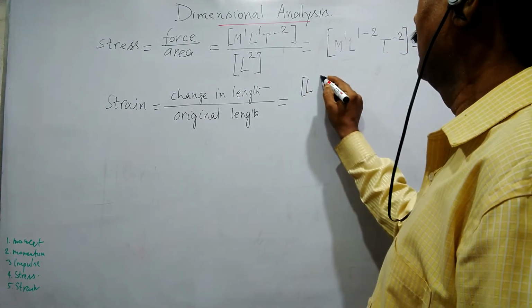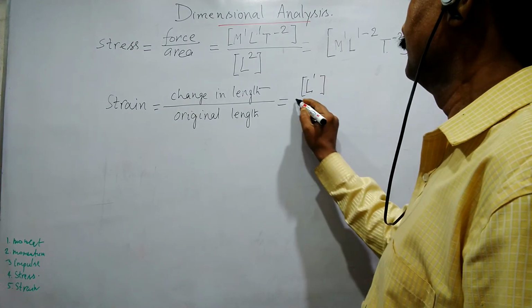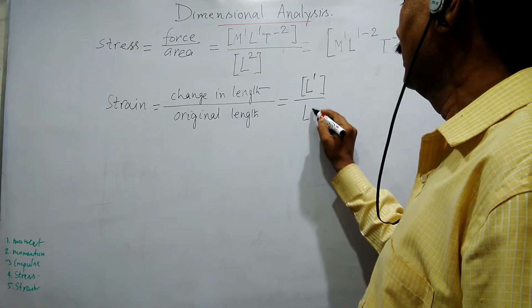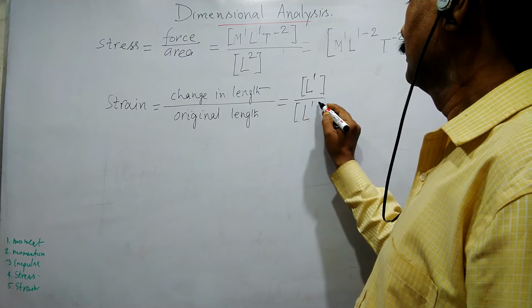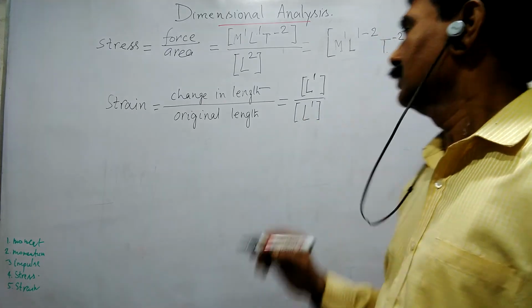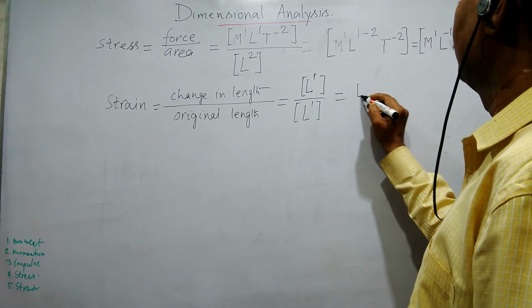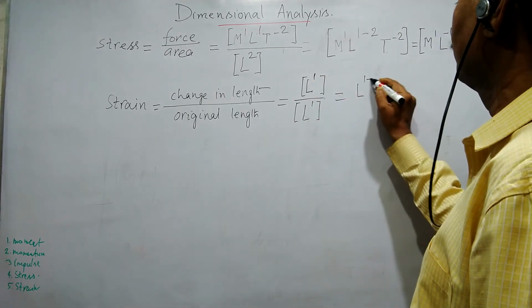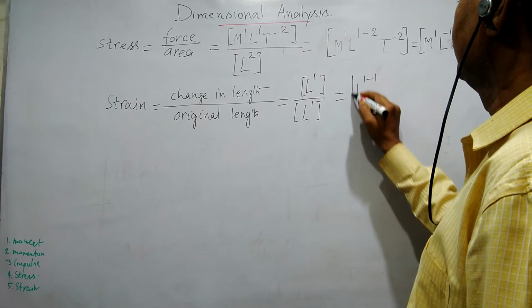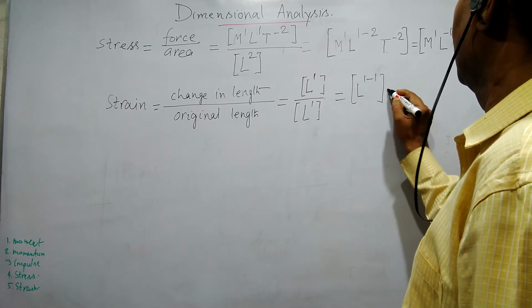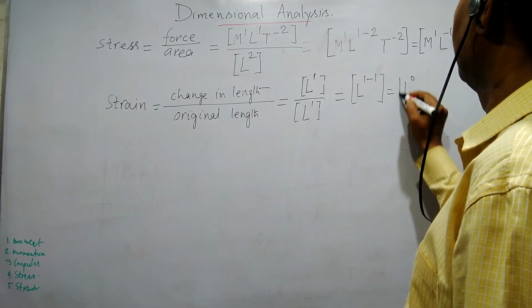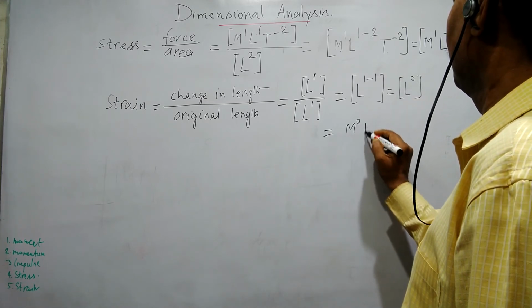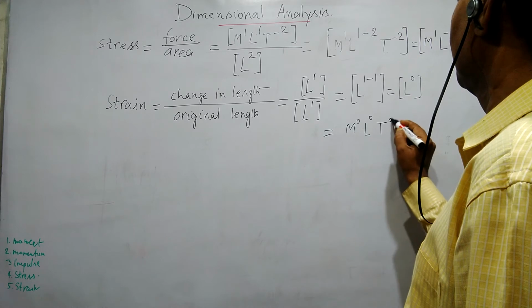And this is the original length, again L to the power 1. If we combine these two, L to the power 1 minus 1, that is L to the power 0. Or we can write M to the power 0, L to the power 0, and T to the power 0.